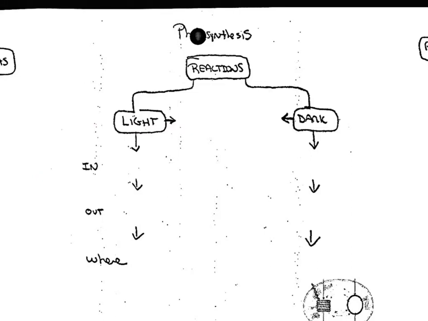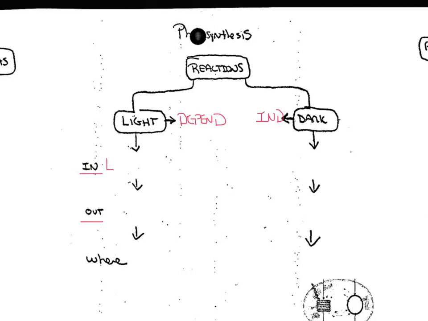The light is referred to as the light-dependent reaction because light is needed to fuel this process, and the dark reaction is independent because light is not directly used in that step. Remember that these 2 processes ultimately work together. So we have to know what goes in, or the reactants to each of these steps, and then what comes out, which is the product of each of these steps.